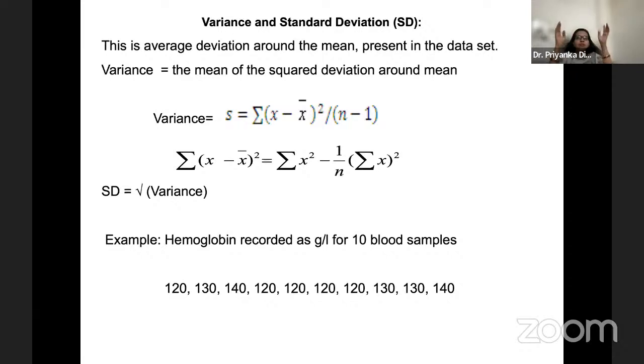When we add them, the positive and negative values cancel out, and we will not be able to measure how far the different x values are from the mean. That's why we ignore the sign using the modulus operation or the square term, and the square term is preferred over the modulus in mathematics. So the standard deviation and variance are considered better indicators in comparison to the mean deviation.